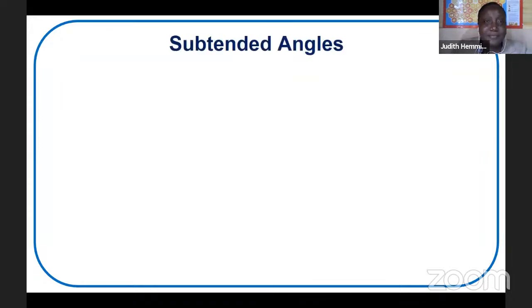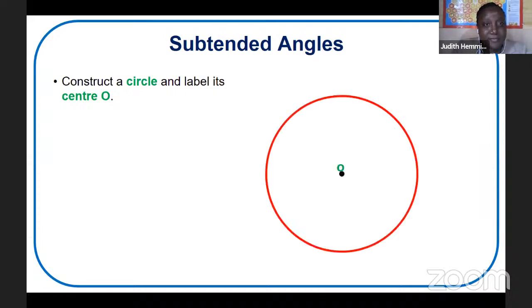So we're looking at subtended angles, and here are the steps that you're going to go through to be able to identify this property. We're going to construct a circle and label its center O. Then we're going to draw a chord to form 2 segments.